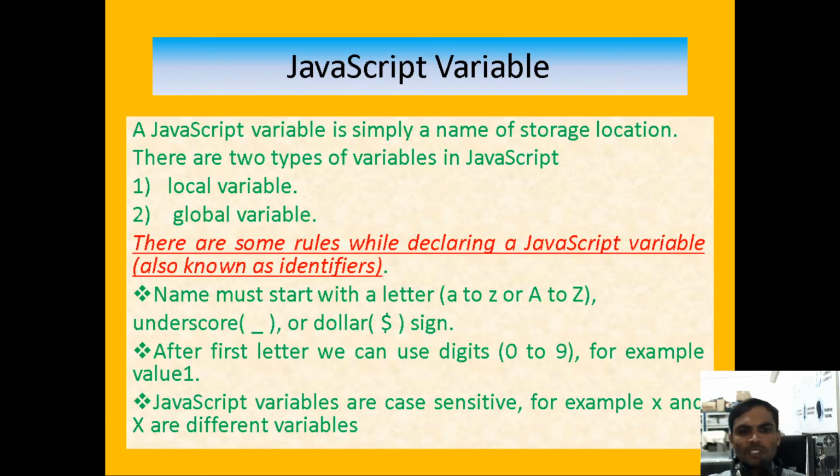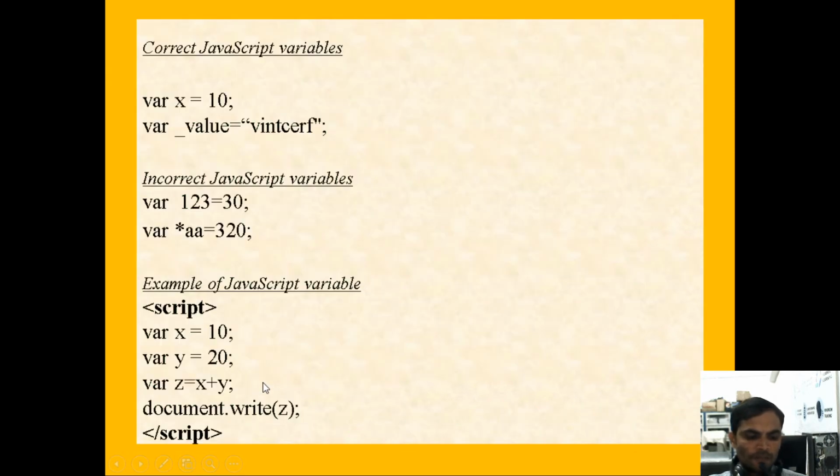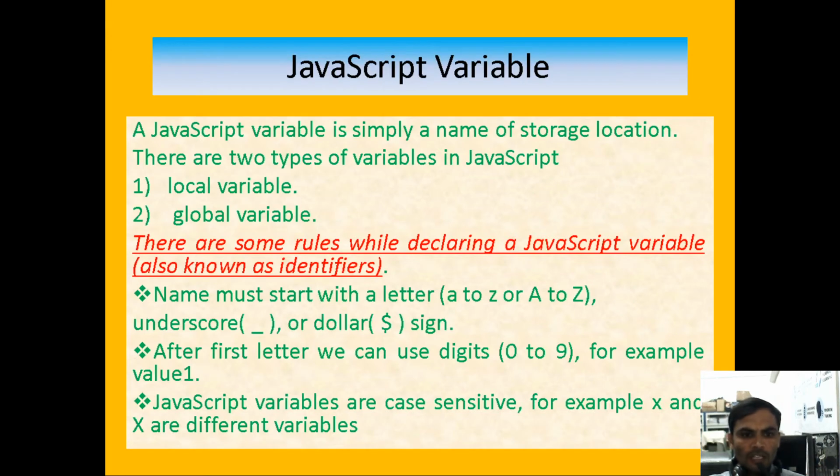The name must start with a letter A to Z, uppercase or lowercase, or an underscore or dollar sign. Only these two special characters, underscore and dollar symbol, are possible when defining a variable. After the first letter we can use digits.